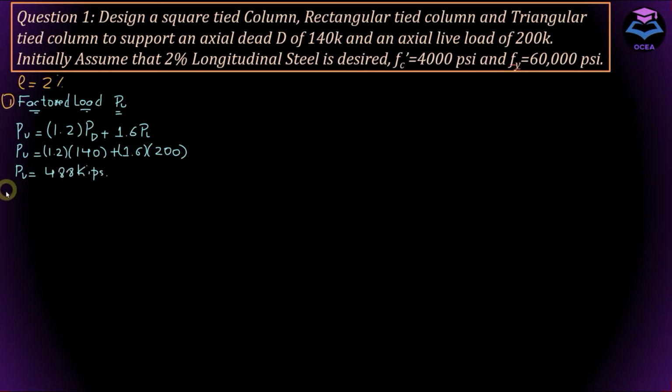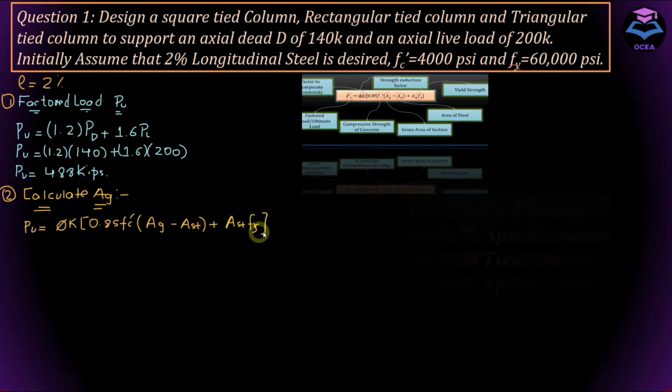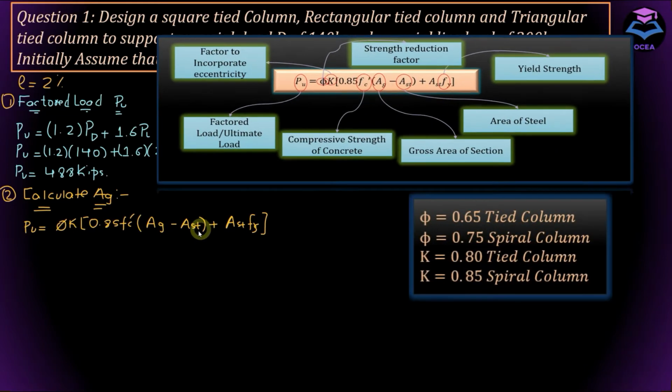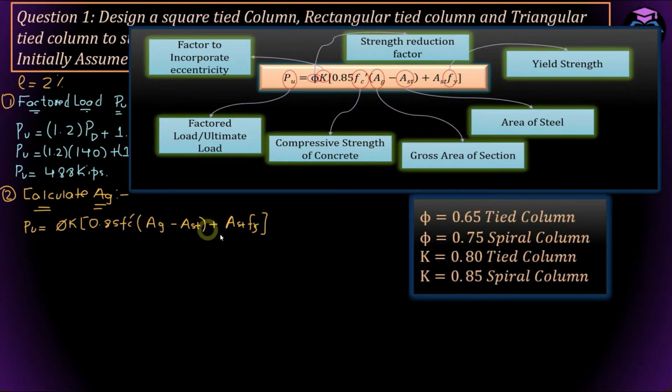The second step is to calculate the gross area of section, which is basically the summation of the area of steel and concrete in the section. We will use this equation to calculate the value of Ag. Since the percentage of steel has been given to us, we can use this relation: percentage of steel is equal to Ast divided by Ag.